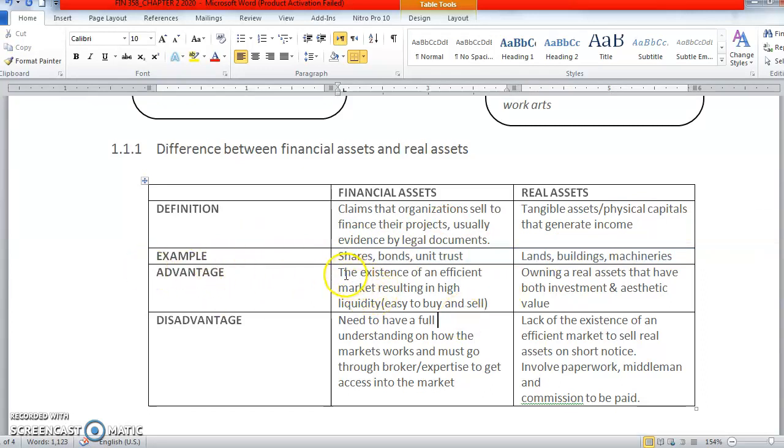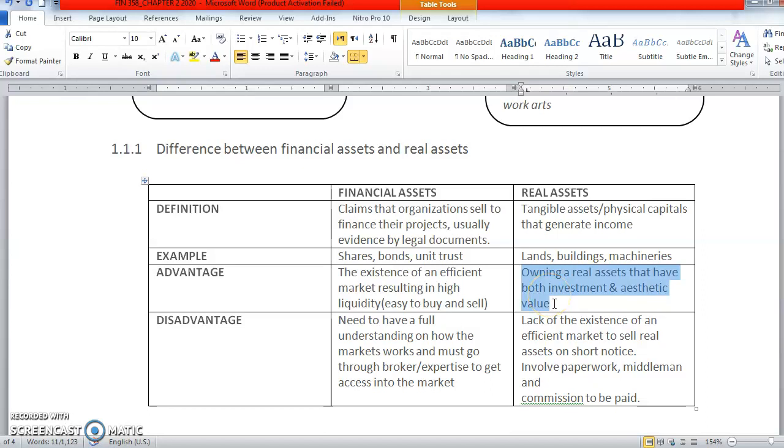Apakah advantage financial asset? Advantage-nya existence of efficient market resulting in high liquidity, easy to buy and easy to sell. Betul, sangat senang nak jual dan beli financial asset, especially di Bursa Malaysia, di capital market, money market, it's easy to sell. Kalau real asset, dia lebih kepada untuk investment dan nilai aesthetic value.